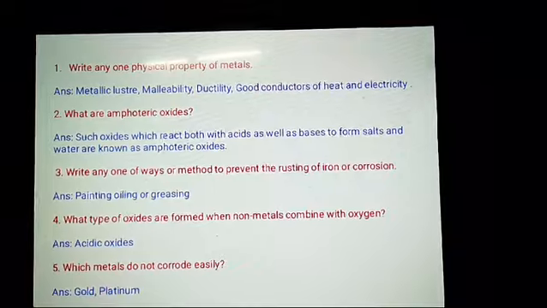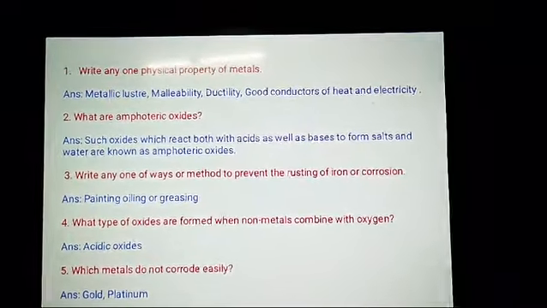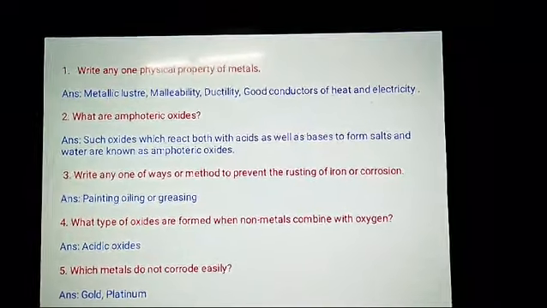And the second one is, what are amphoteric oxides? Generally we have two types of oxides, acidic oxide and basic oxide. Acidic oxide means when it is dissolved in water it produces acid. Similarly, when a basic oxide is dissolved in water it produces base, like sodium oxide Na2O, which produces sodium hydroxide.